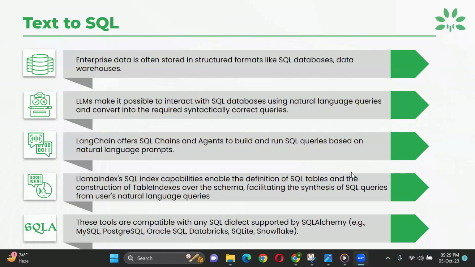LlamaIndex again brings in more augmented capabilities, which allow us to connect to different kinds of databases or data sources rather. And SQL tables and data warehouses is another flavor there. So definitely LlamaIndex brings its own ecosystem of supporting the text to SQL capability.